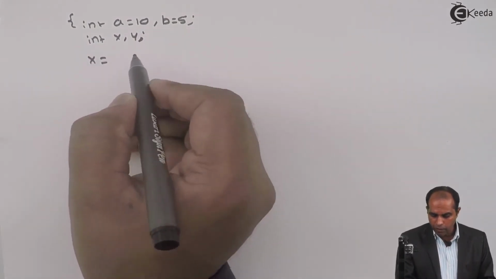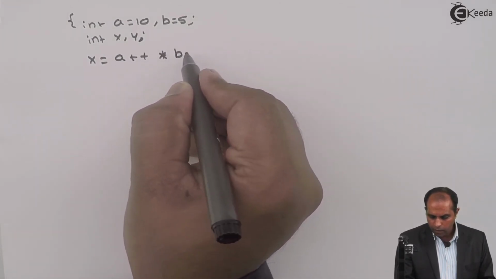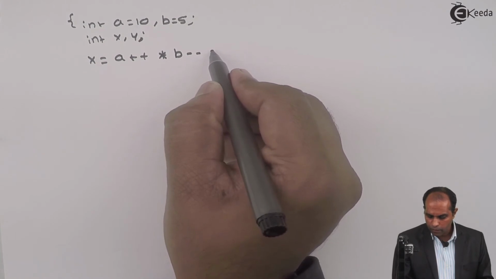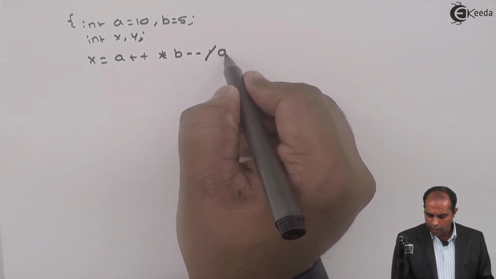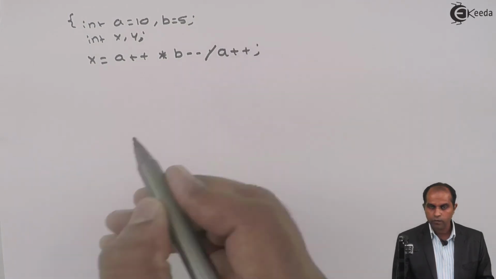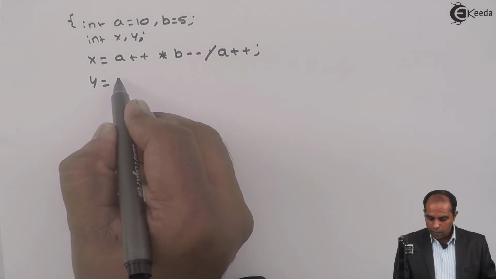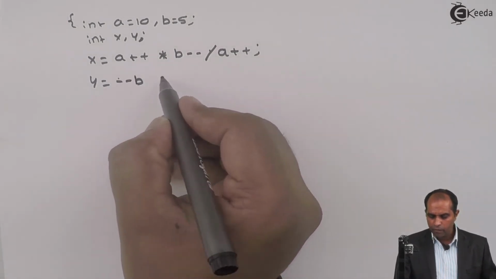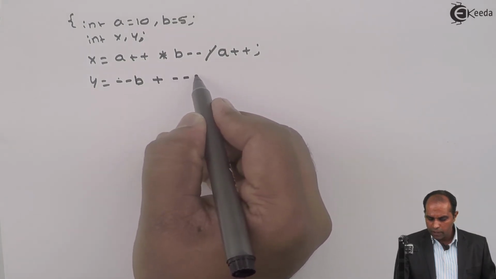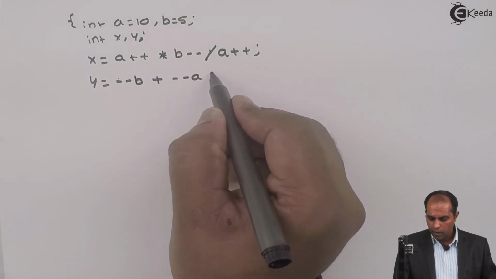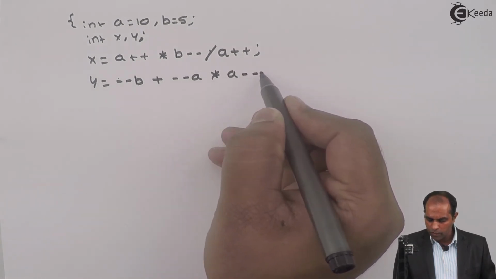I'll say x equals a plus plus asterisk b minus minus divided by, say, again a plus plus, and here I'll say y equals say minus minus b plus minus minus a asterisk, I'll say a minus minus at this place.